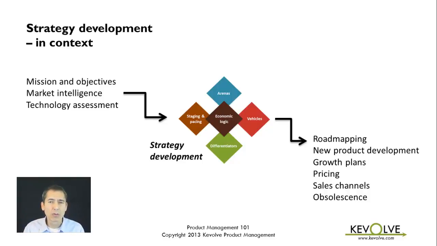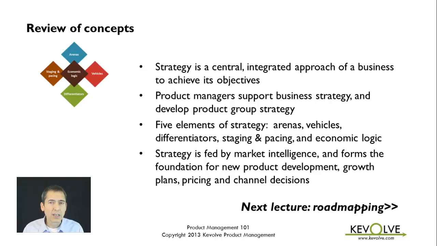Where are you going to find growth? What target customer segments? Pricing, so strategy clearly helps guide pricing. Sales channels, so if you're moving into a new geography, are you going to sell direct? Or are you going to go through channel partners? And obsolescence. Maybe your strategy defines that you want to get out of a market, and it might lead to obsolescence of some of your products. So strategy becomes a central point of the product management team's work.